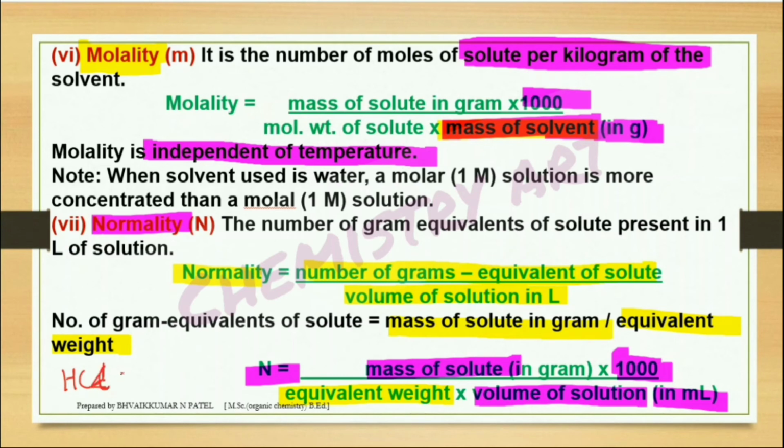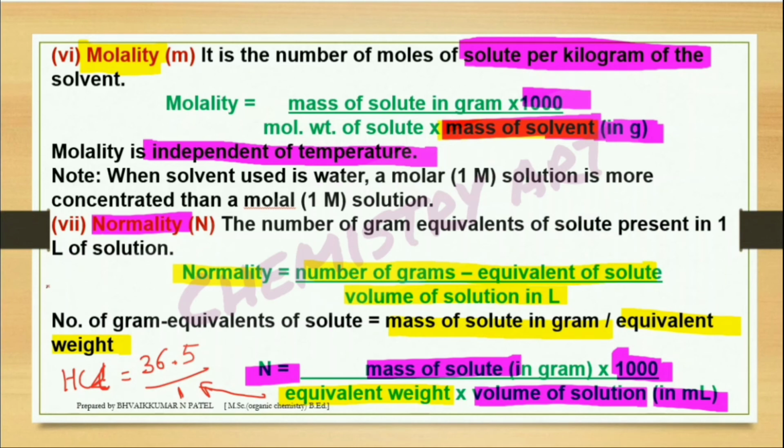I have to divide by the valency. HCl's weight is 36.5. Because the valency of the positive ion is 1, I will divide it by 1. So the equivalent weight is equal to the molar weight of HCl.